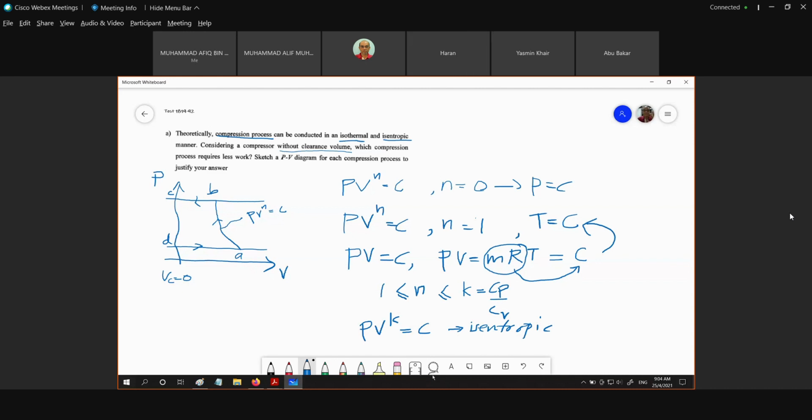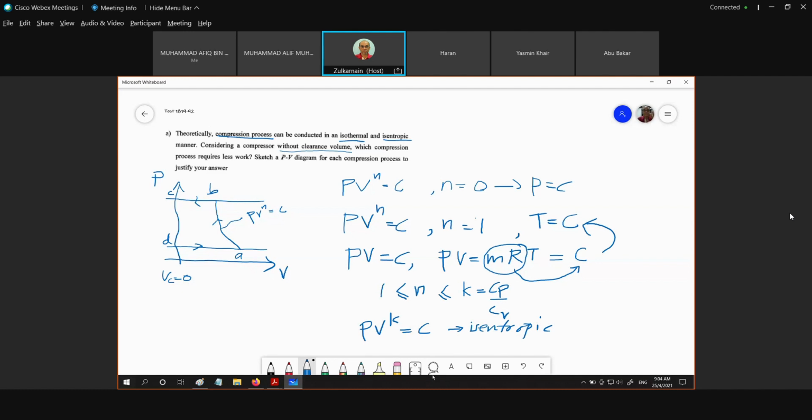Pardon? N bukan constant. Kalau kita ada equation PV power N, this is the equation lah, right? Tapi as far as the value of N, it could be 1, it could be K, which K is equal to Cp over Cv.